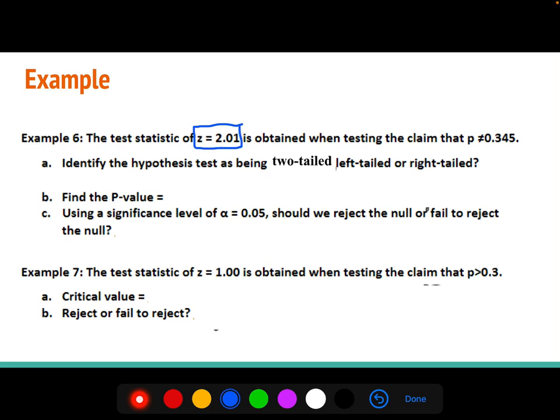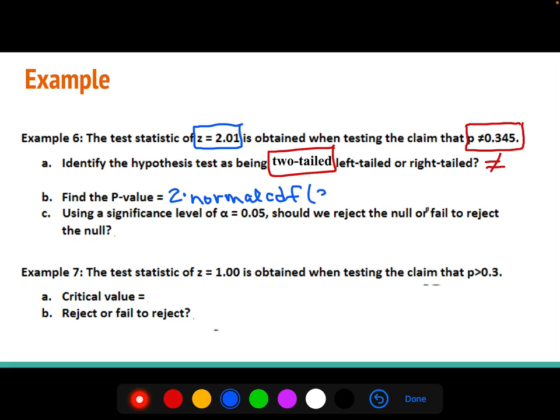Our testing statistic, Z = 2.01, is obtained when testing this claim, P does not equal 0.345. So not equal to means two-tailed. To find the p-value, we're going to have to do 2 times the normal cumulative distribution.